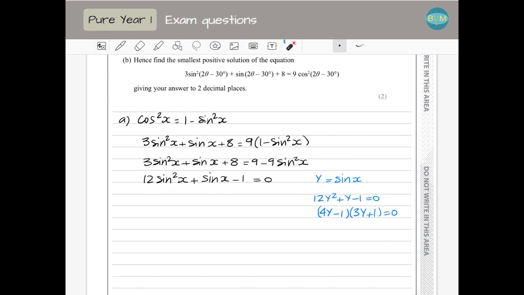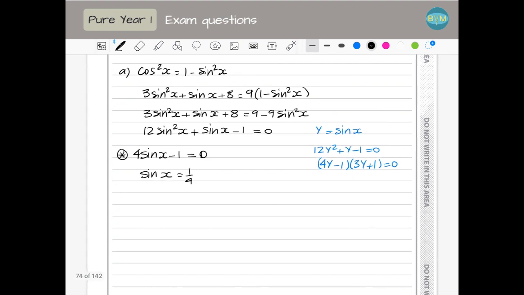So I'm going back to my left-hand side, and I have two solutions here. One is 4 sine x minus 1 equals 0, which means sine x is 1/4. The other is the other bracket, but I'm going to work this solution first and find all its answers, and then go to the other.